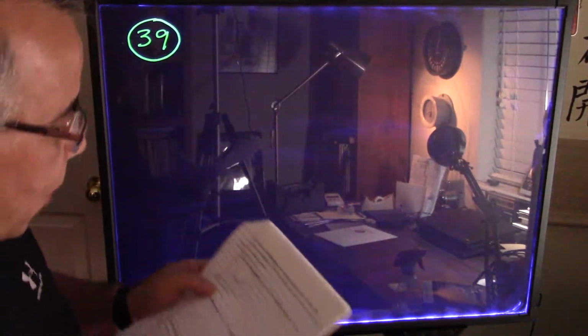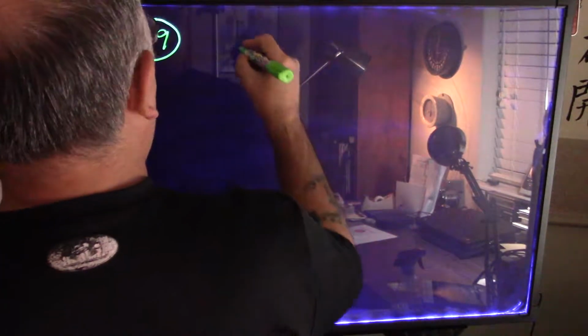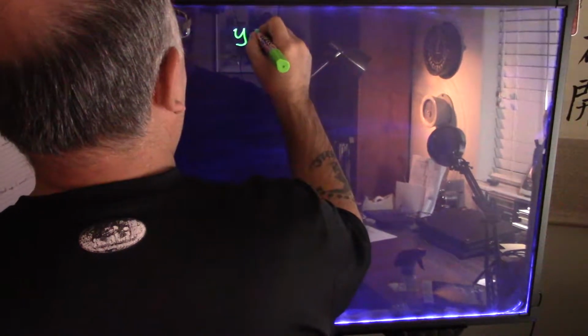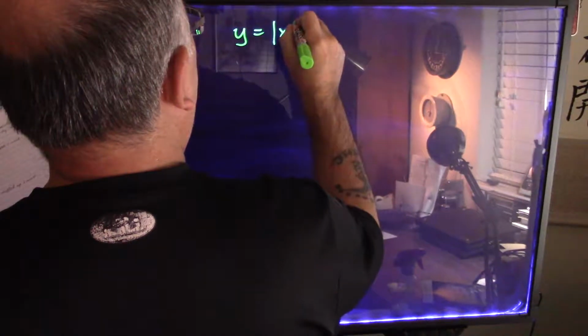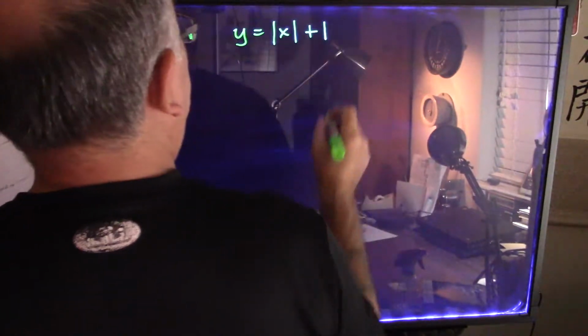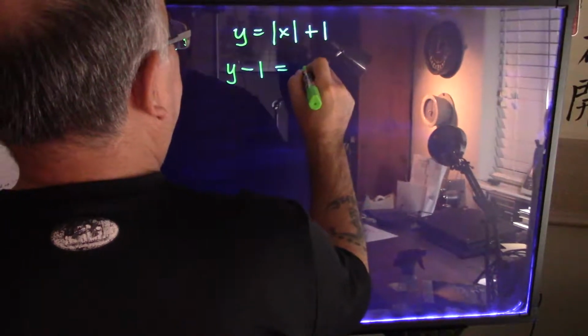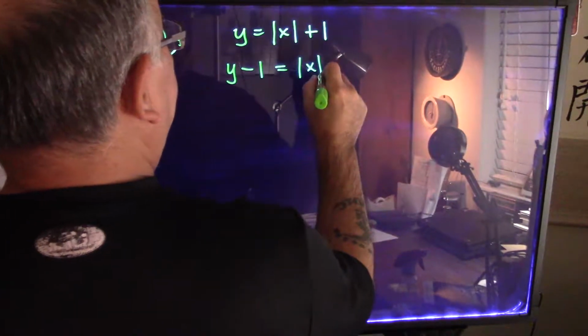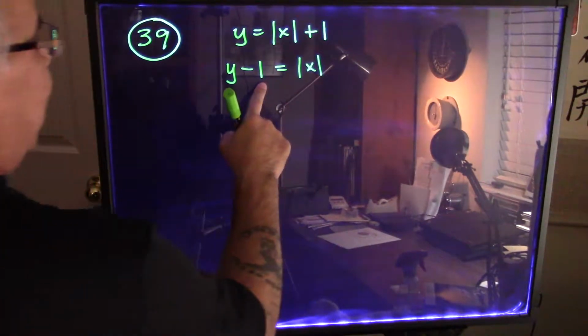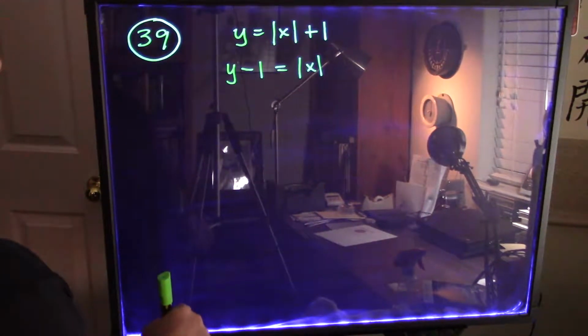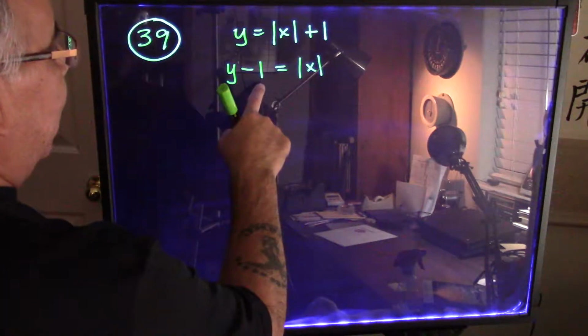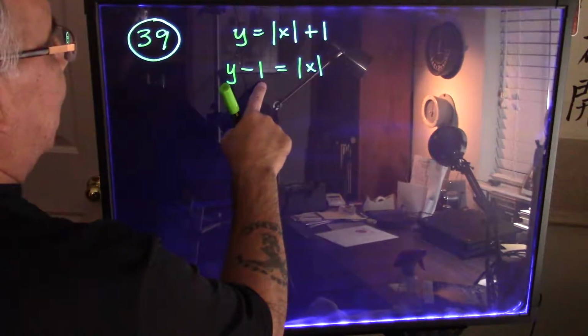Number 39. We have y equals absolute value of x plus 1. I'm going to subtract 1 from both sides, so I get y minus 1 equals absolute value of x. So the 1 next to the y tells you that there's a shift up or down. This is going to be up because it's y minus a positive 1.